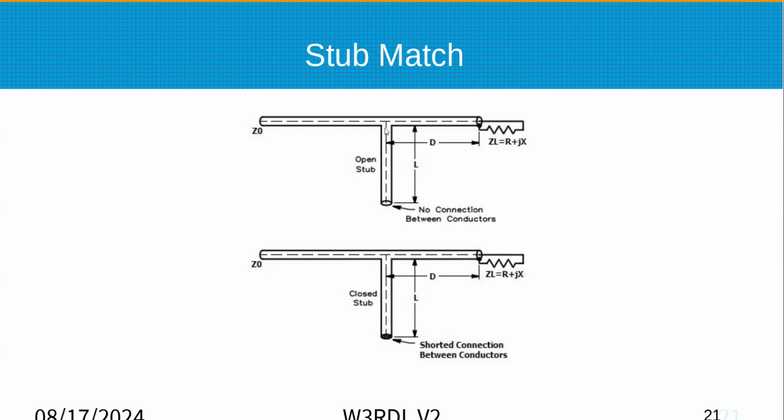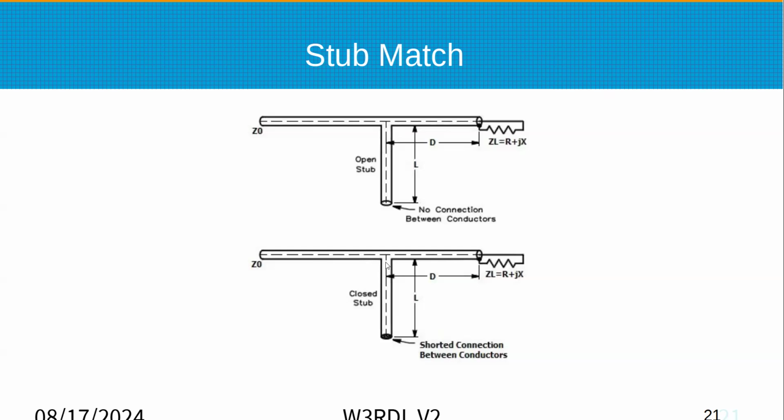And you add a stub of transmission line at a specific distance from the connection point, and you make it a certain length, and it's either open or shorted, depending on which way you're trying to go. If it's open here, it means it's a low impedance on this end, and vice versa.